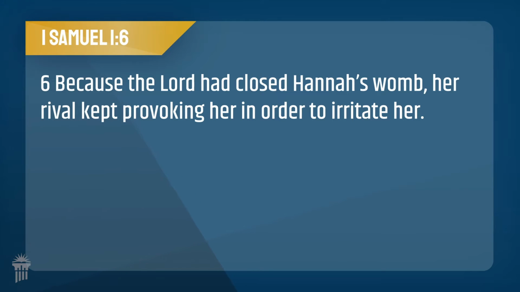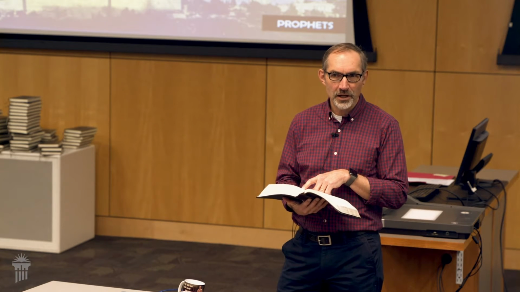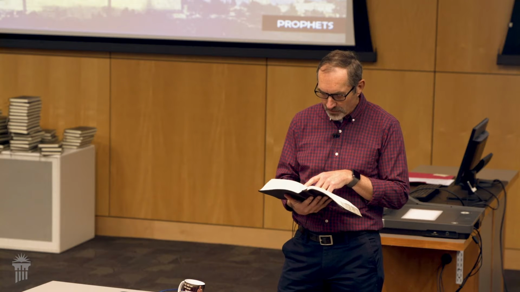So the language is pretty clear here. It's na na na na na. It's not very sweet or kind. It is irritating and provoking, and it's incredibly hurtful. I have kids and you don't.